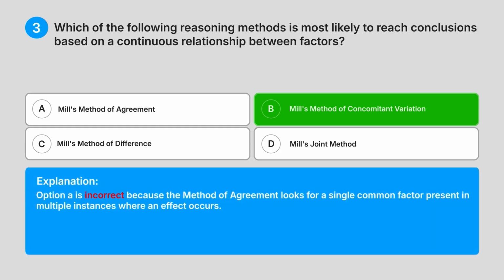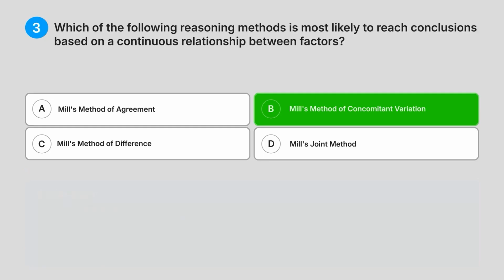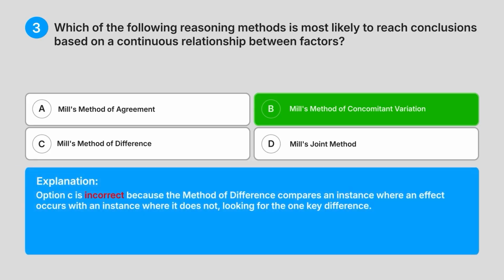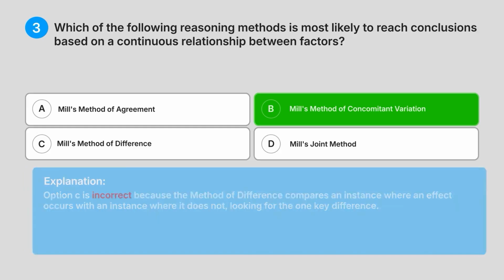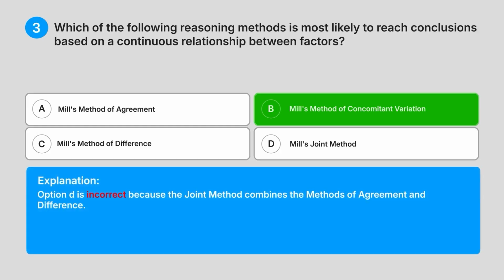Option A is incorrect because the method of agreement looks for a single common factor present in multiple instances where an effect occurs. Option C is incorrect because the method of difference compares an instance where an effect occurs with an instance where it does not, looking for the one key difference. Option D is incorrect because the joint method combines the methods of agreement and difference.